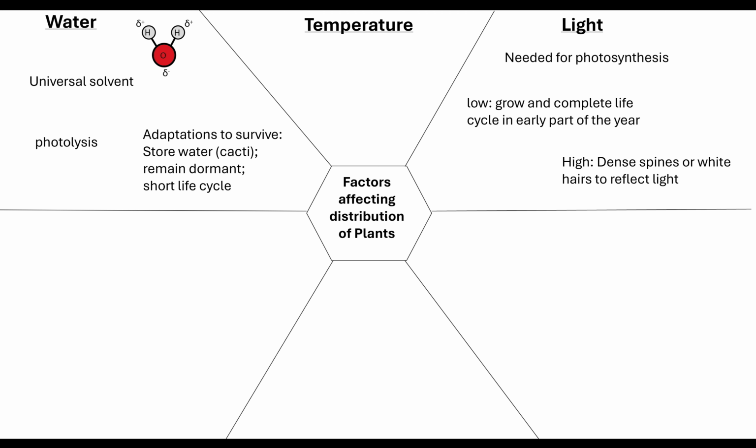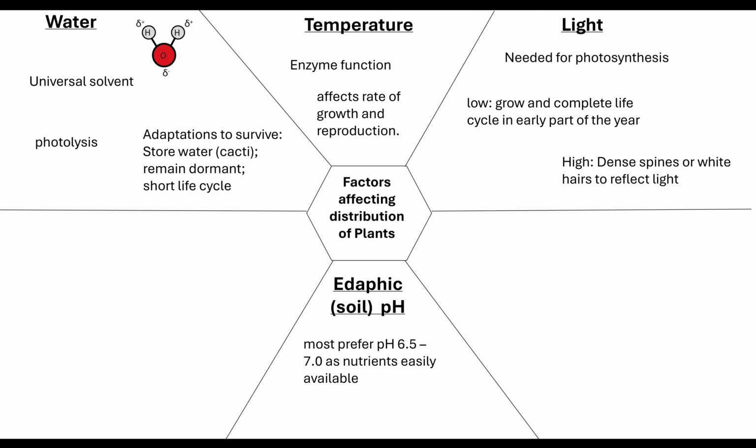Now, temperature is obviously going to have an effect on enzyme function that therefore will affect the rate of growth and also reproduction. Edaphic factors: soil pH, for example, most prefer a pH of 6.5 to 7. Nutrients are easily available, or it may be to do with the salt content.